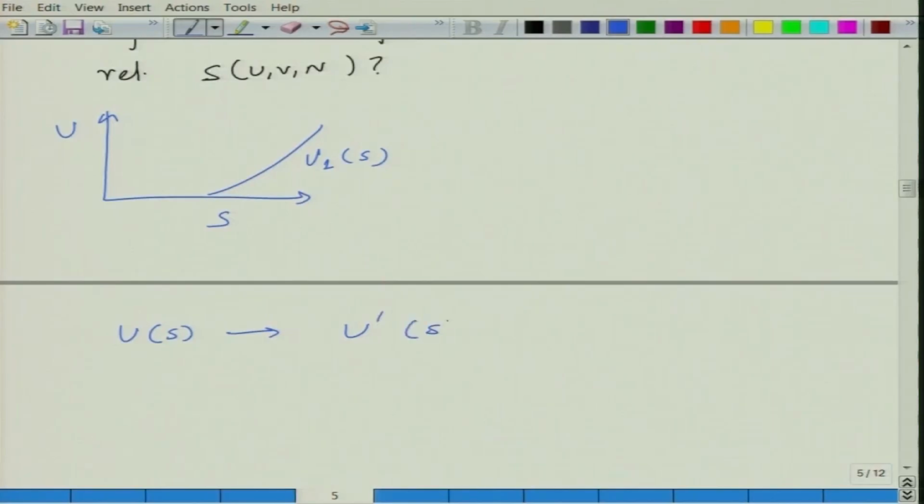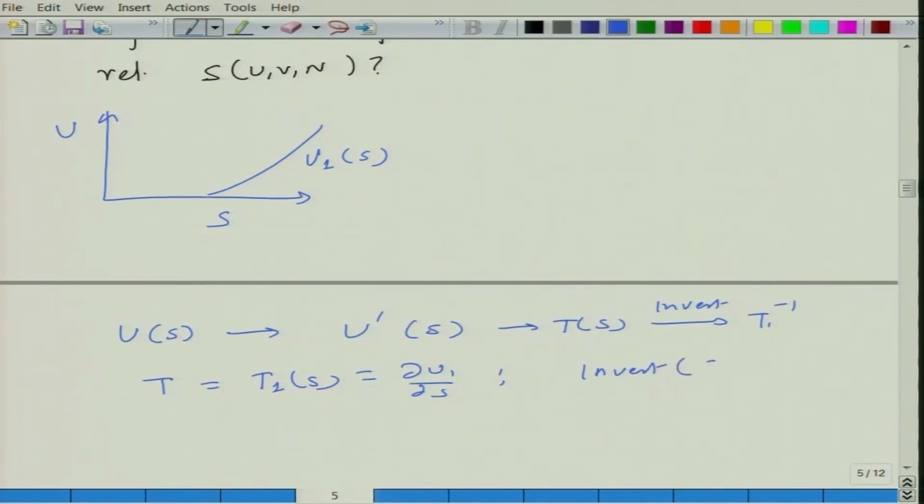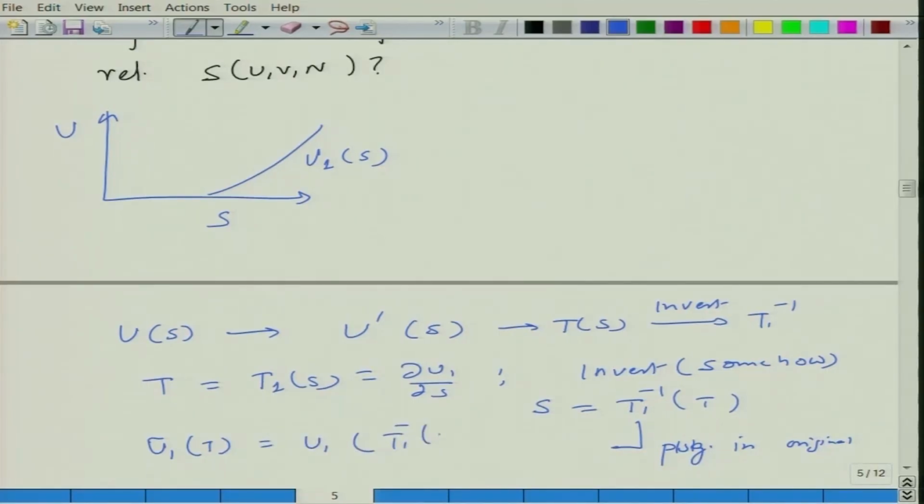You take the derivative with respect to S, which is nothing but basically T of S, and then you invert, somehow if you can invert, so that S is going to be some function of T. If you plug it into the original function, you may obtain something like U tilde of T, which is U of S(T).